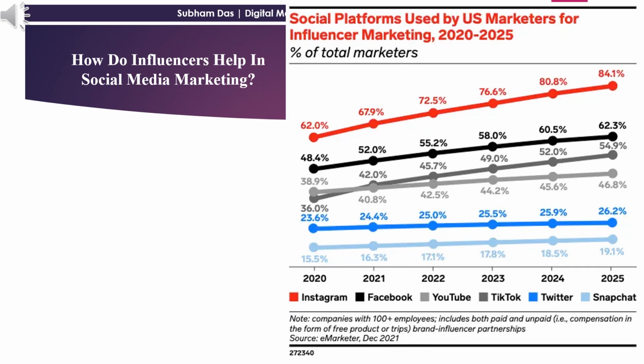That is the statistics from 2020 to 2025 in the US market. That is how influencers use various social media platforms to promote your brand within their network, and that is how they help in social media marketing.